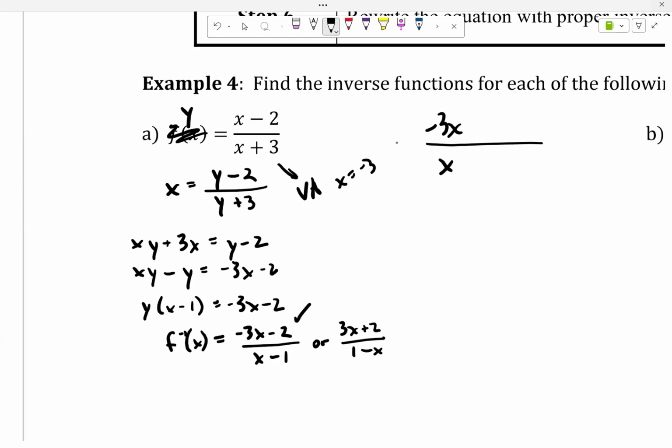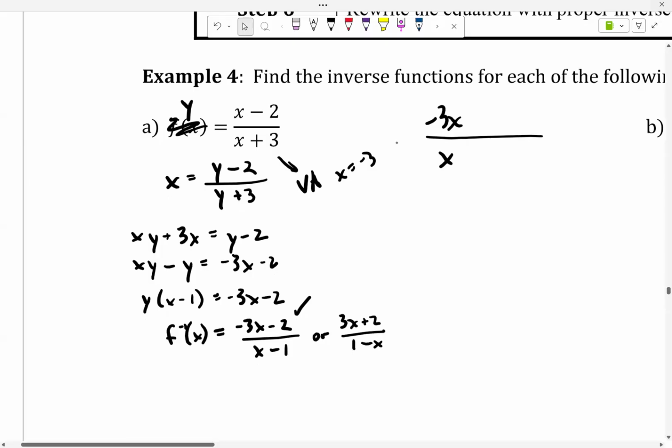But how do we get the rest without algebra? How do you put the other pieces together? Discuss with your neighbor. Well, the x minus 1 comes from the horizontal asymptote. I would just graph it. Because x and y switch, the x was 2/3.